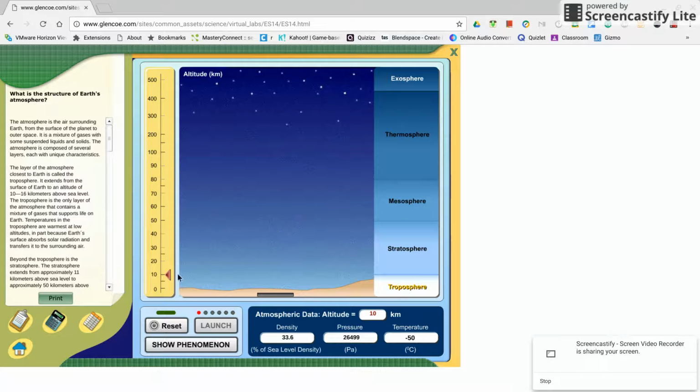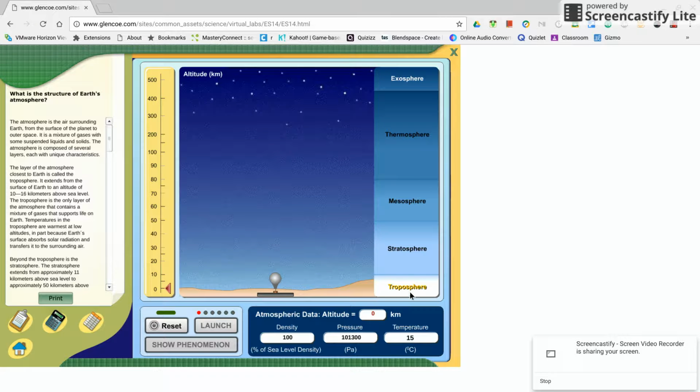But what I want you to notice is that at the top of this troposphere, the air density is 33.6, the pressure is 26,499, and the temperature is actually negative 50. So if I go back and reset this, you can see that the temperature was 15 degrees and it went to negative 50.